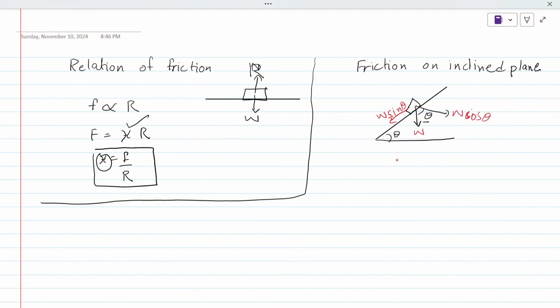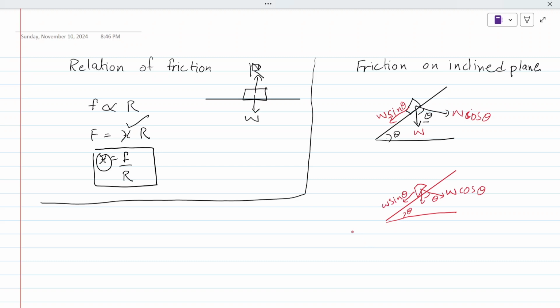Have you cleared it? Okay, let me do it again. I will explain you again. If this is an inclined plane with the angle theta over here, the weight is downwards. It would be angle theta, and it would be W cos theta and W sine theta.